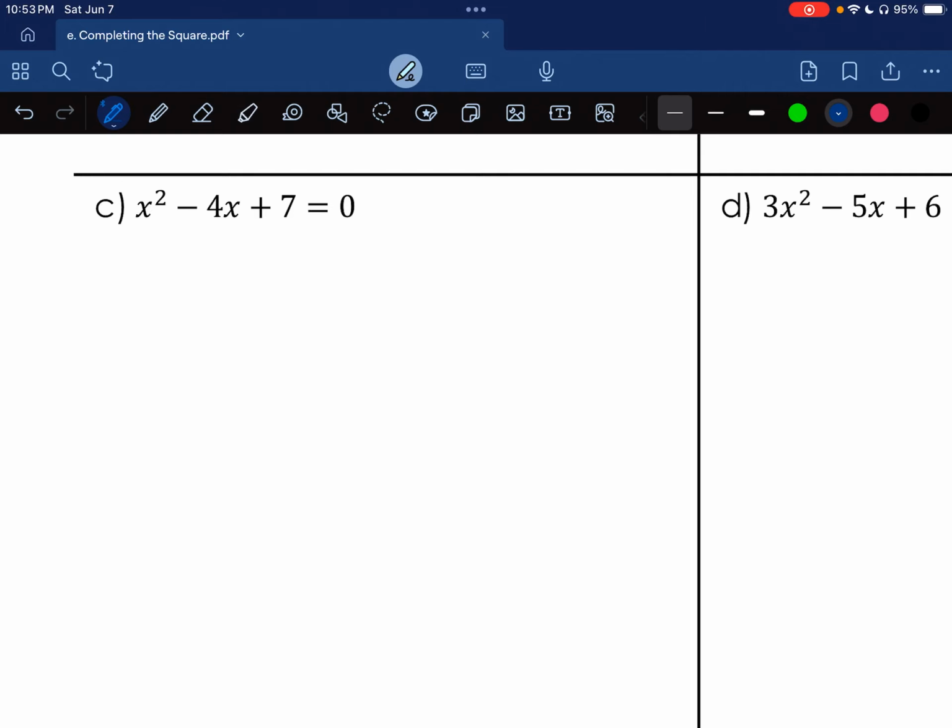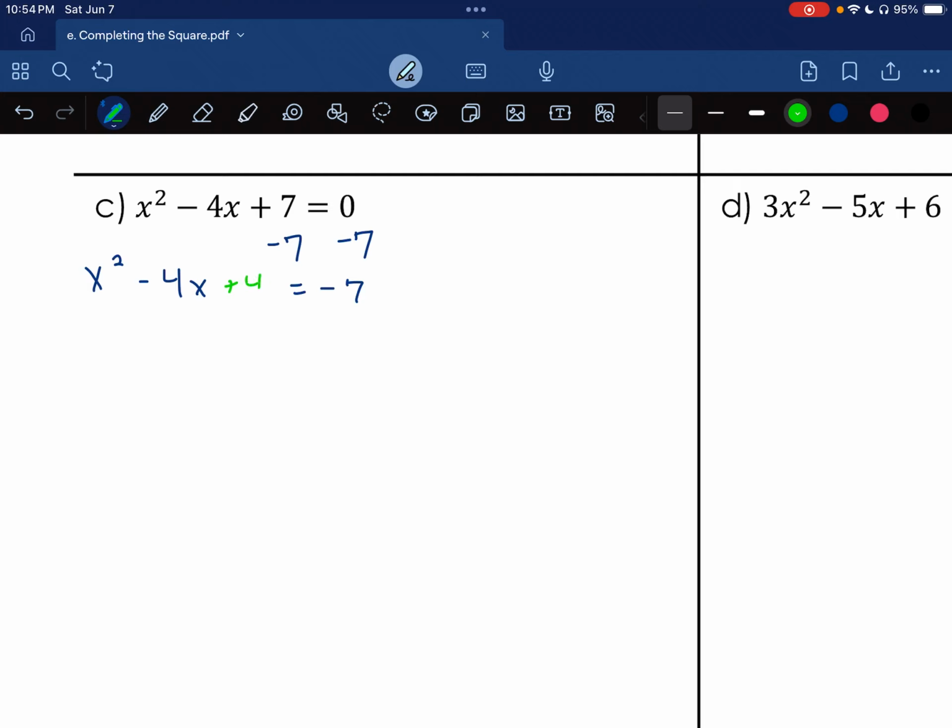All right, welcome back. Let's go ahead and solve this one. So we're going to subtract 7 from both sides. We'll get x squared minus 4x equal to negative 7. We're going to add half of negative 4 squared to both sides, which is going to be plus 4.